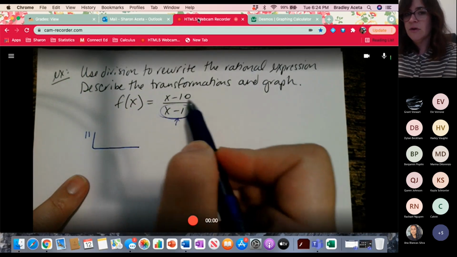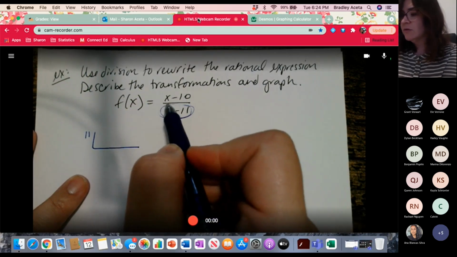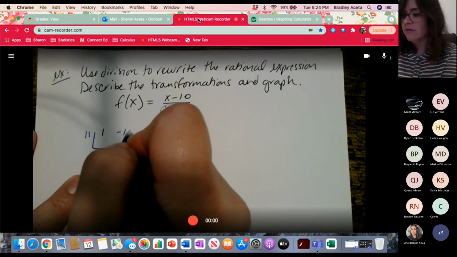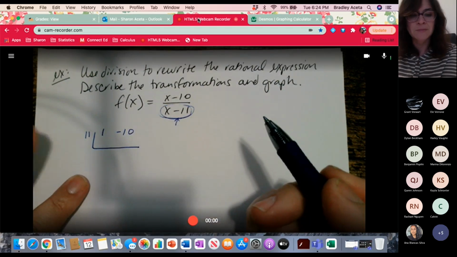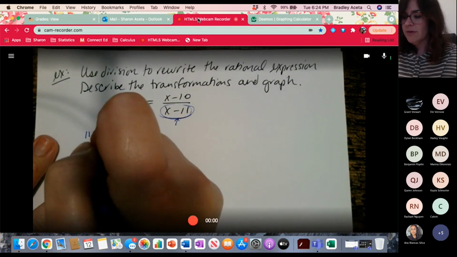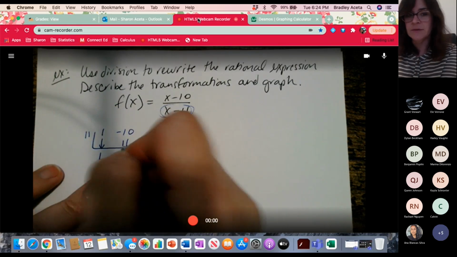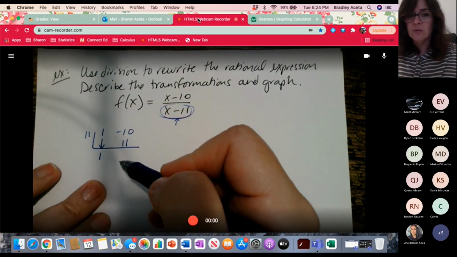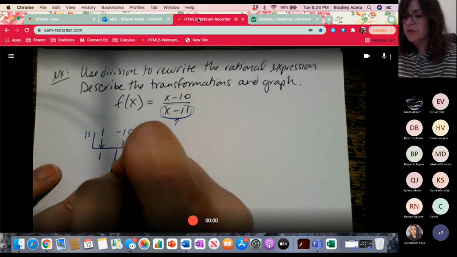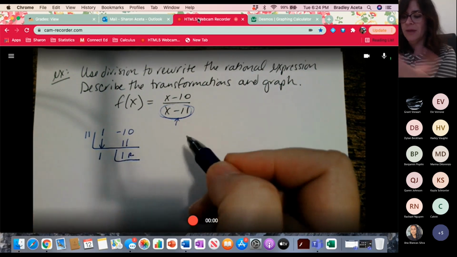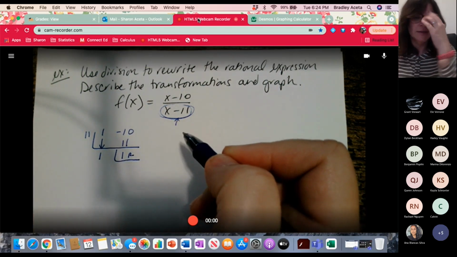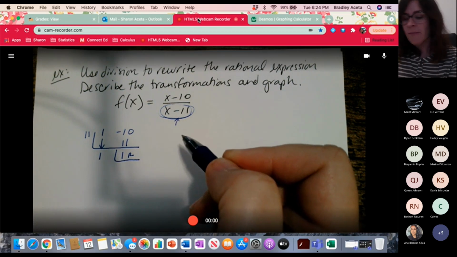And then these would be the coefficients of the polynomial, so I would put a 1 here and a negative 10 there. Then drop down the 1. Multiply would be 11. Add would be 1. That is your remainder.